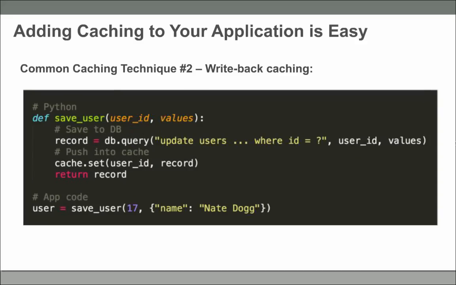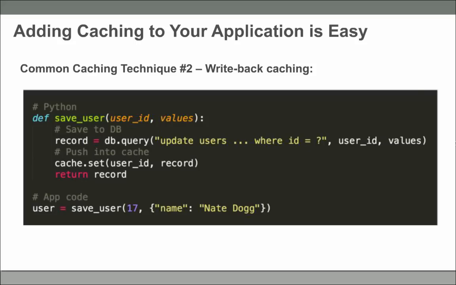Another common pattern that we see is write-back caching. Instead of populating the cache every time there is a read request, like in lazy caching, here we populate the cache every time there is a write. So every time the application wants to write something to the database, we write it both to the database and to the cache. The trade-off here is that this mitigates that initial cache miss. In lazy caching, the first time you want to read the data from the cache, it will not be there, and then you put it in the cache.